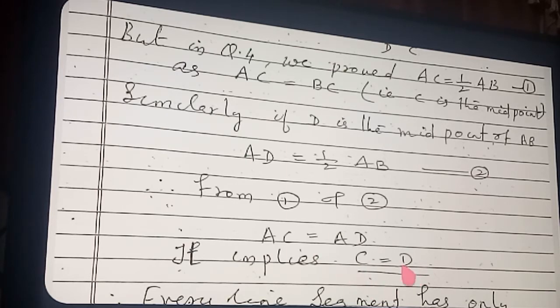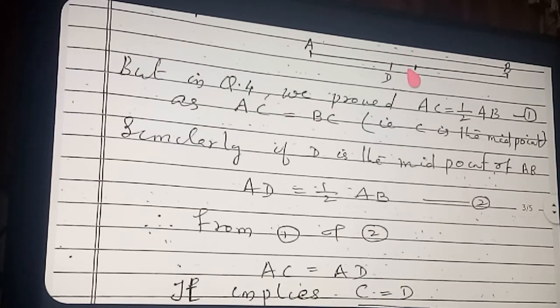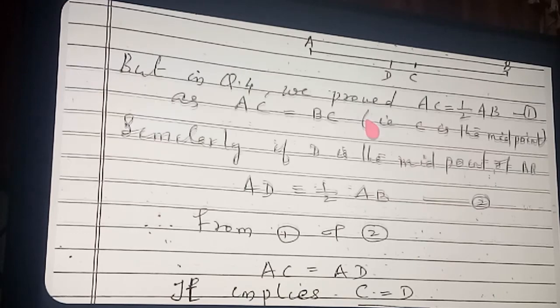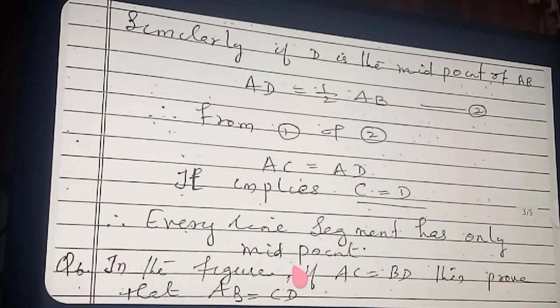C and D are equal, which means C is also a midpoint and D is also a midpoint. C and D representing a single point. So every line segment has only one midpoint. Clear? Okay? Copy it, all of you.